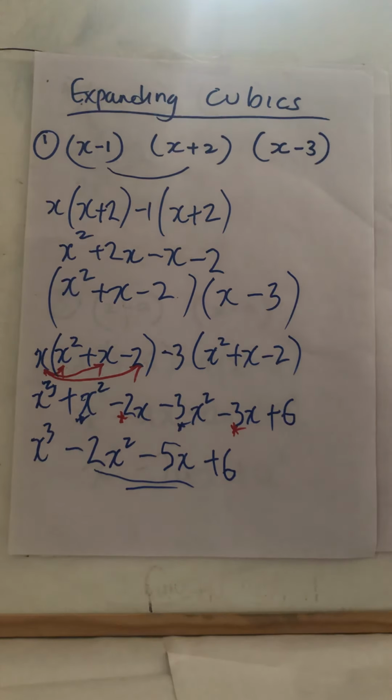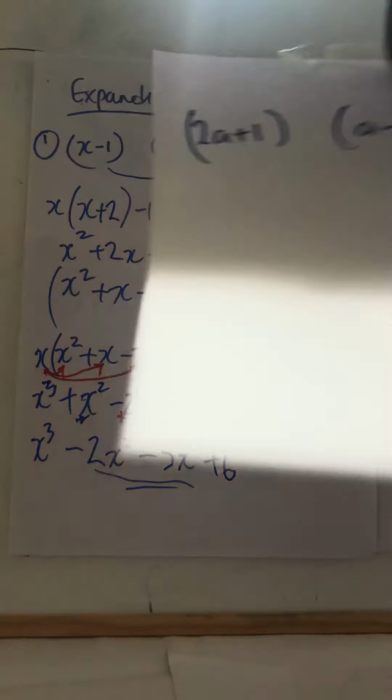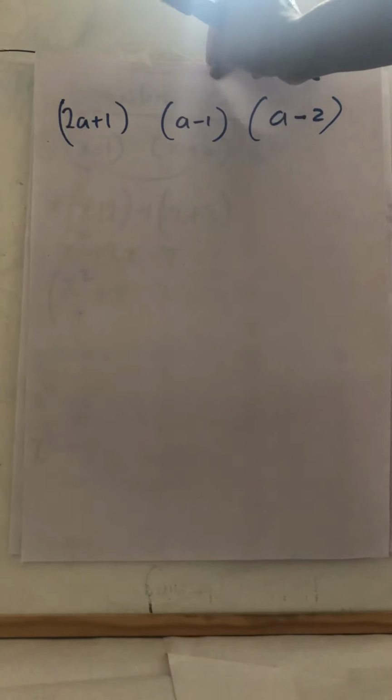Let's do one more example. Another example I have for you is 2a plus 1 in bracket, another bracket a minus 1, close bracket, another bracket a minus 2. Remember I said we need to choose one pair of brackets to do.